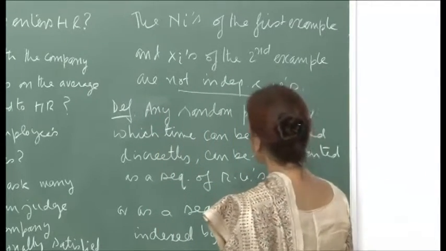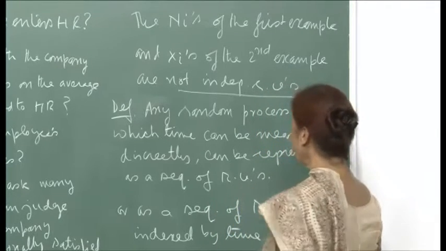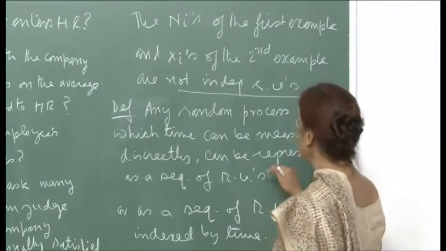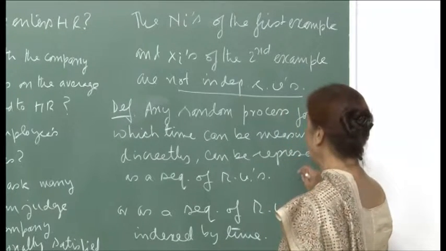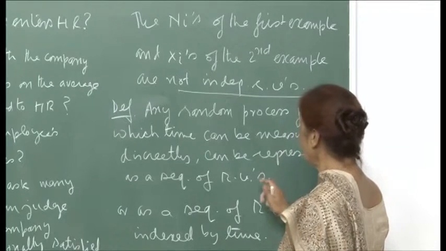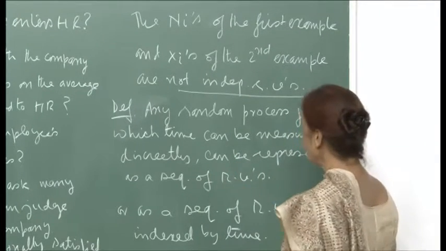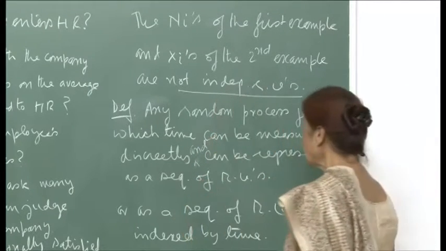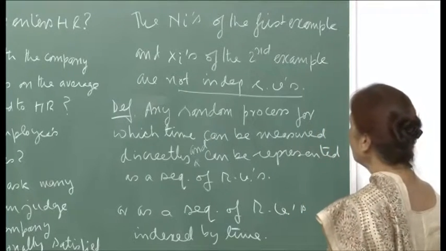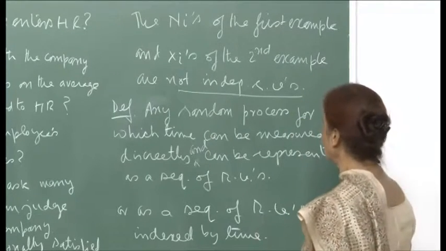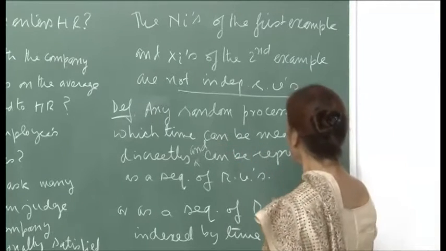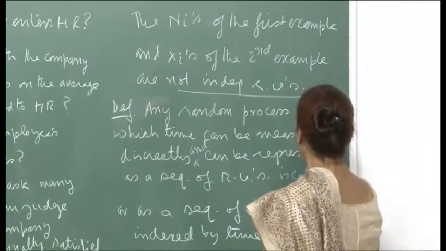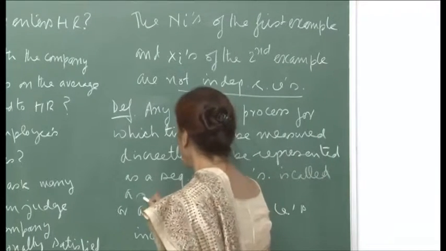So now we will attempt to define a stochastic process, right, after these two examples. Any random process for which time can be measured discretely and can be represented as a sequence of random variables, I will call it a random process, or I will call it a stochastic process.